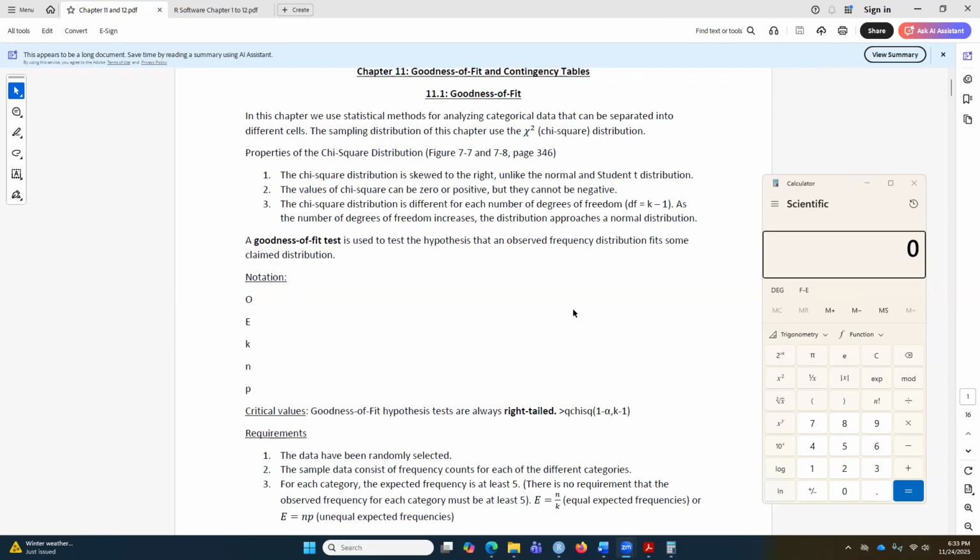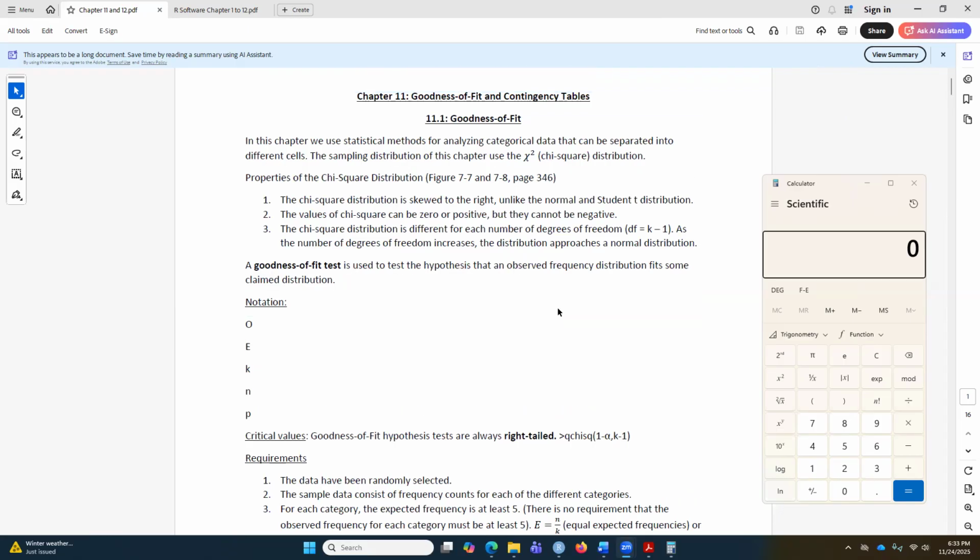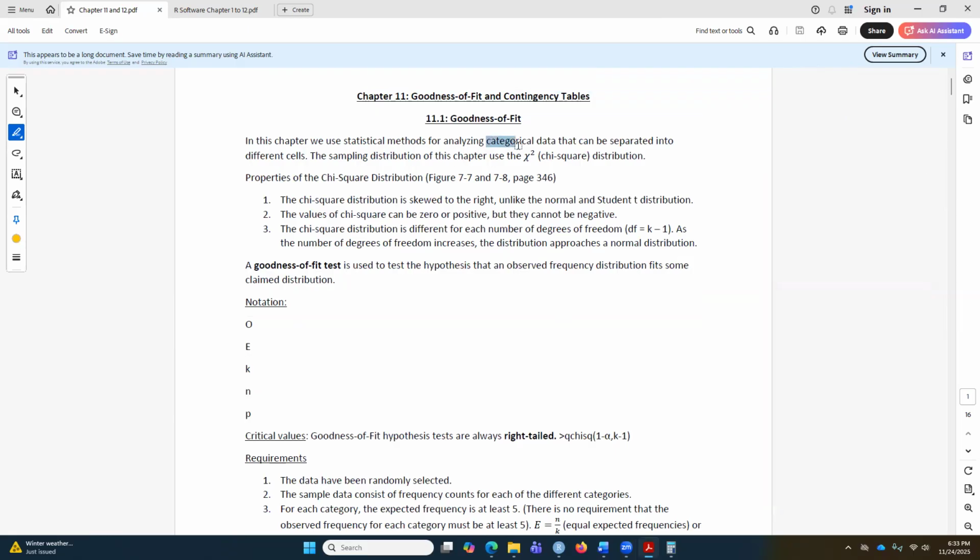So chapter 11 is where we talk about categorical data that can be separated into different cells. It means we are working with more than two categories.